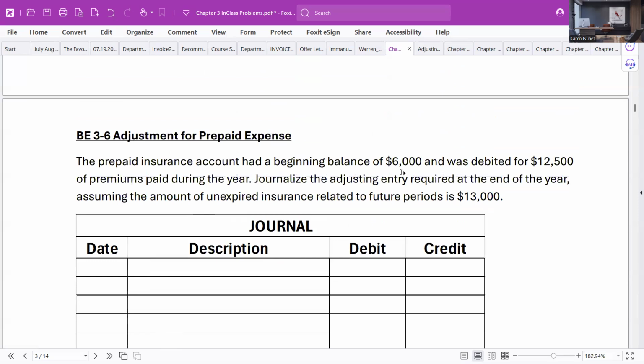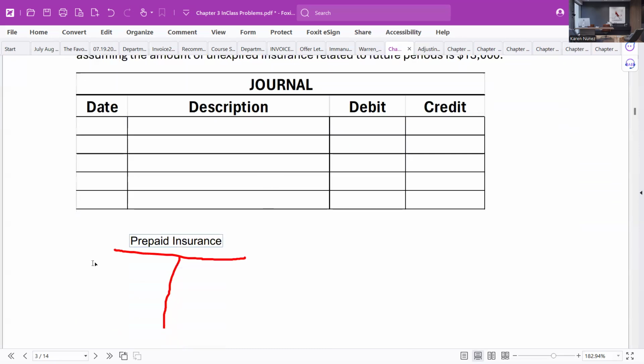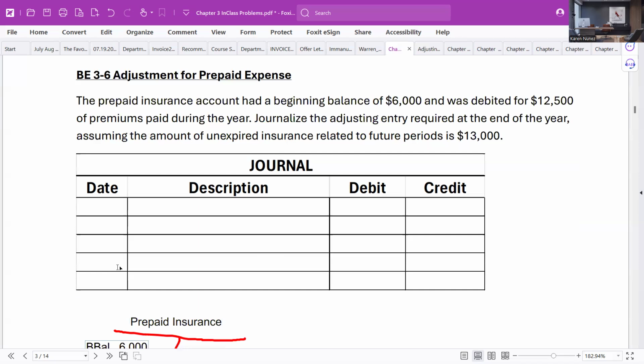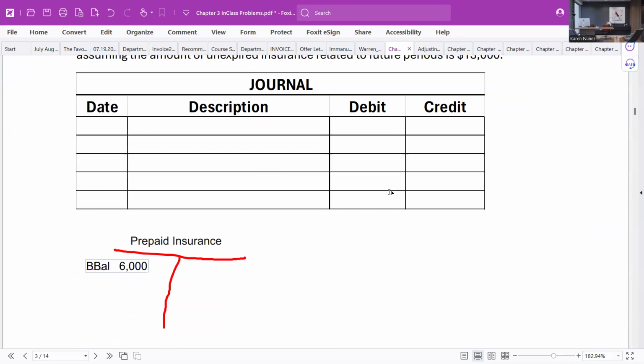BB for beginning balance. We've got a beginning balance here of $6,000. That's what we started out in this T account with. And what happened during the year was they debited it for another $12,500. So they added another $12,500 into this account.